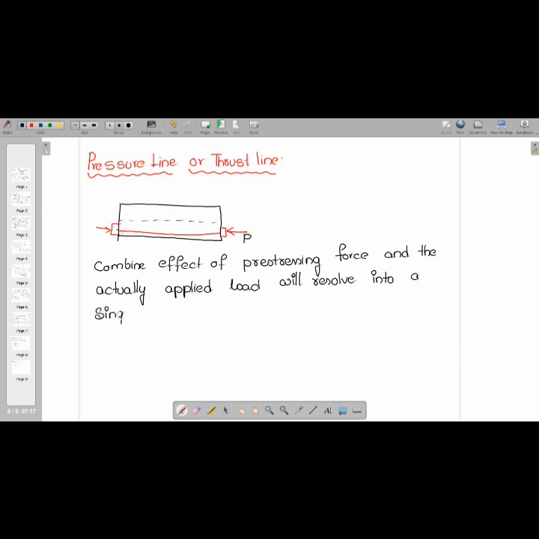So here what I would like to tell you is the combined effect of pre-stressing force and the actual applied load will resolve into a single force. Now see the locus of these points.